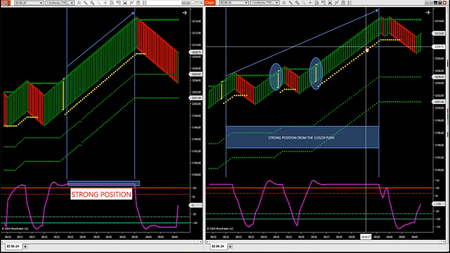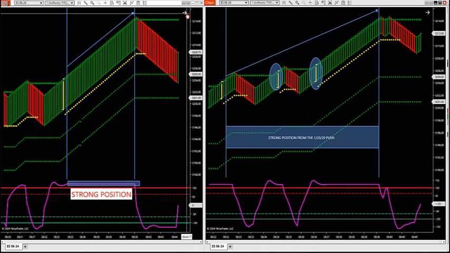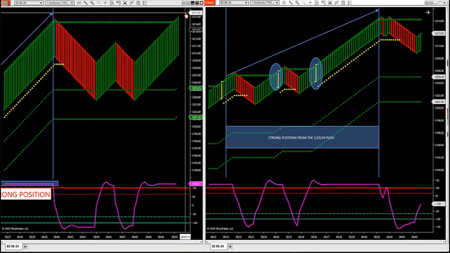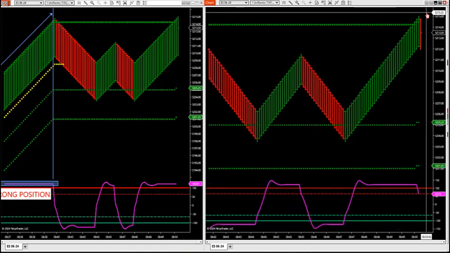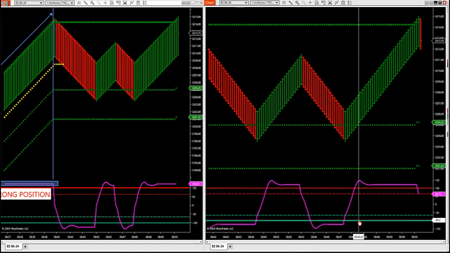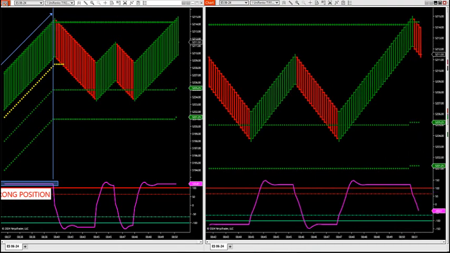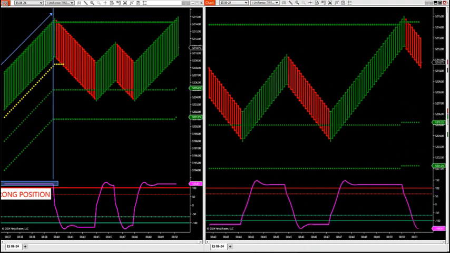All right, really good way to do it. So right now, we are in a stronger position again. As long as it stays in a strong position and we get another breakout, this would be another great breakout to look for.